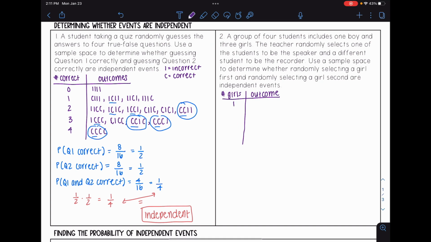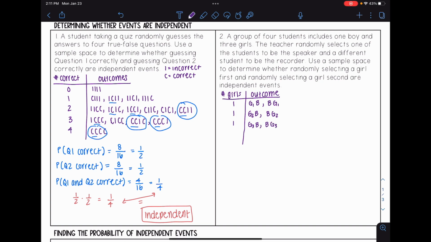And so if there's one girl, I could have that it's girl number 1 and then boy, or I could have the boy chosen first and then girl number 1. And then I can have the same thing but with girl 2 and girl 3. So I have girl 2 and then boy, or boy, then girl 2, girl 3, then boy, boy, and girl 3.